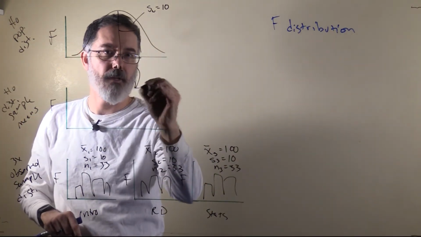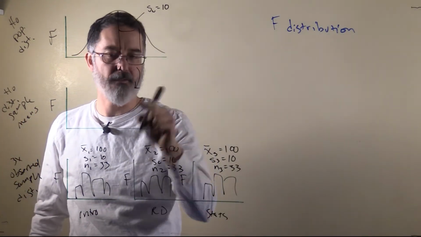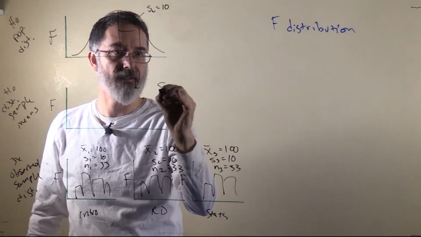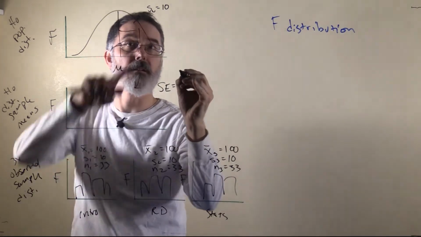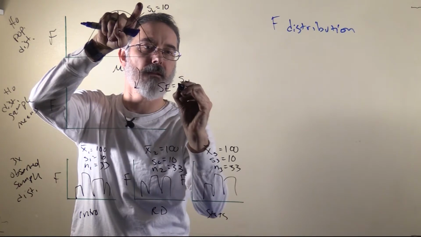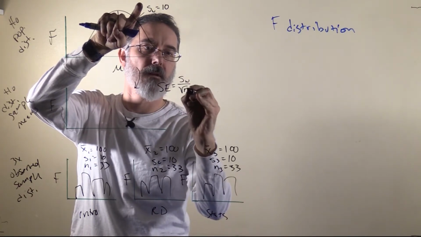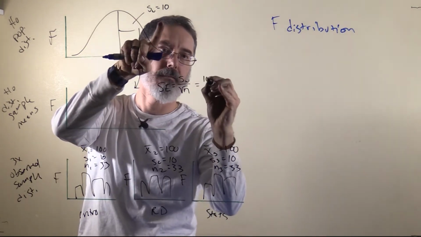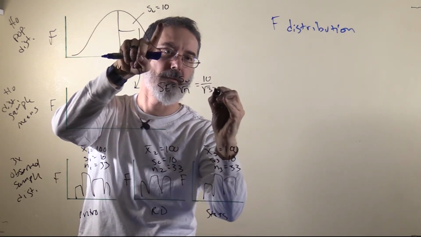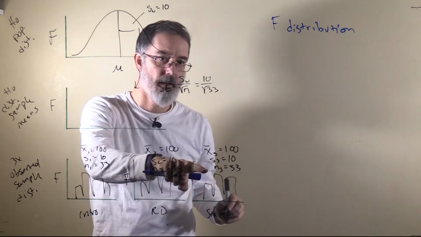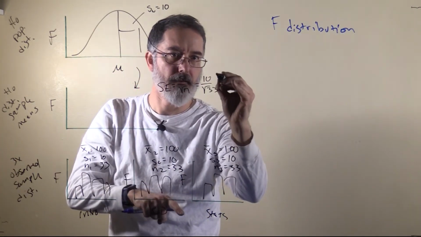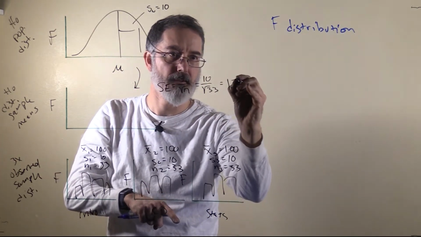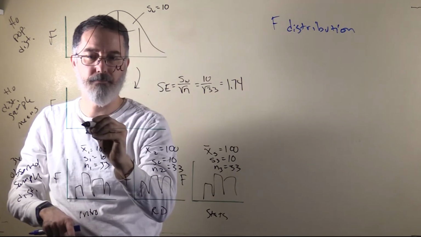And now we want to figure out what the standard deviation is of this distribution. It's standard error. So that's going to be standard deviation here divided by the square root of the sample size. So it's 10 divided by the square root of 33. And 10 divided by the square root of 33 is 1.74.